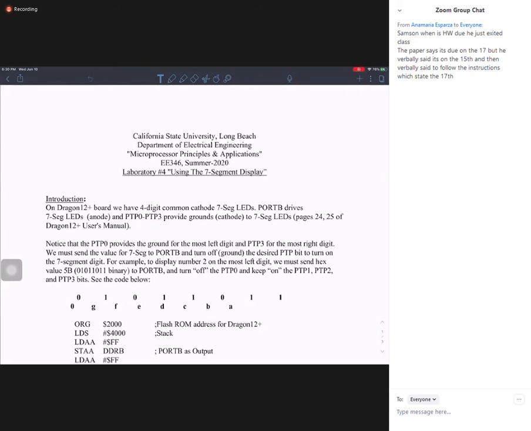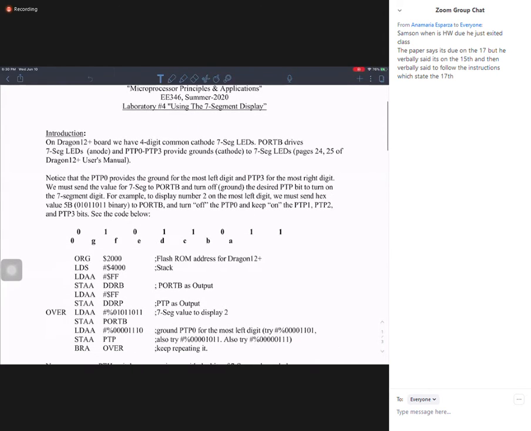Okay, so first, just briefly take through the introduction here. So in this lab, it's mentioned that the Dragon board, I believe, is also applied for the Dragon Light board. We have 4 digits of the common cathode 7-segment LED displays.